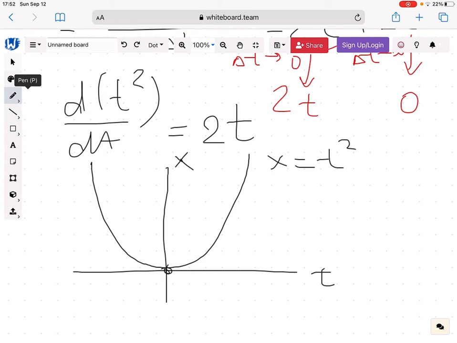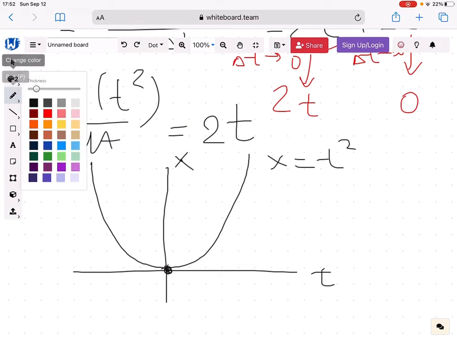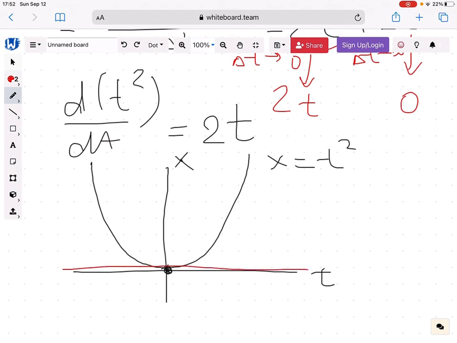It doesn't really cross it, but touches at one point. And we find that the line that touches the parabola when t equals 0 is the horizontal axis, a straight line that goes horizontally, which has a slope of 0.